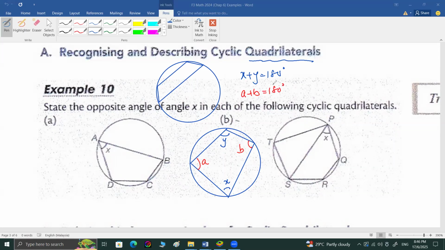Got it? Okay, and after that, I make it bigger, yeah? I draw one out like that. Can be here, can be here, can be here, can be anywhere, okay?